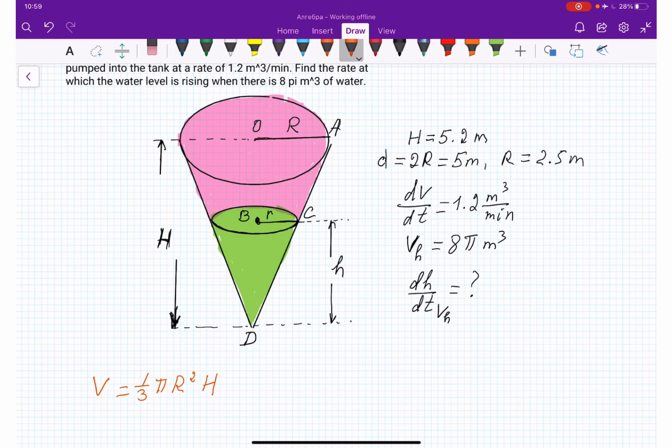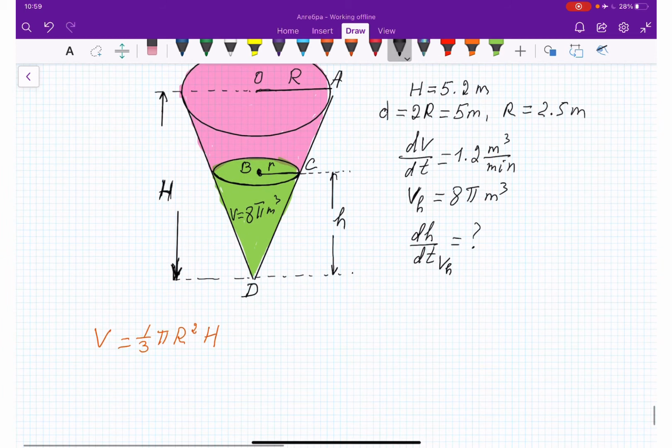Now, the volume for the level we are interested in, and we are interested in 8 pi meter cubed. So I can write down even here 8 pi, this green one. That's what we need to know. So this 8 pi meter cube, which I'll put as volume for h, it's going to be equal 1/3 pi, but here I'm using lowercase radius, right? And lowercase h.